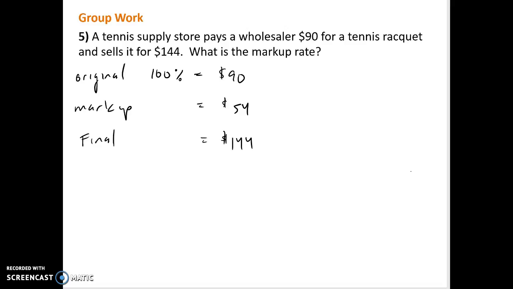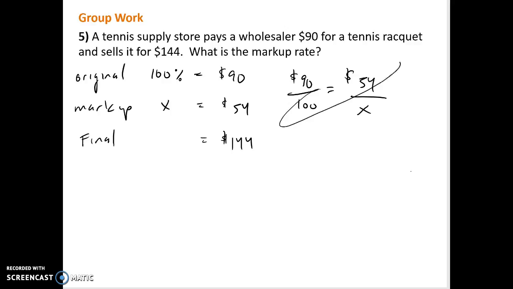All right, now the question is asking, what is the markup rate? They're not asking for the rate or the percentage of the final price. They're asking for the markup rate. So I'm going to put my variable right here. I want to know what the percentage is for the markup. All right, so use your information to make a proportion. The proportion I'm going to create is 90 over 100 equals 54 over X percent.